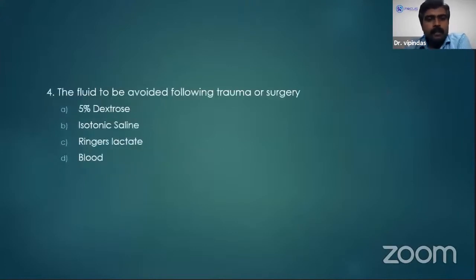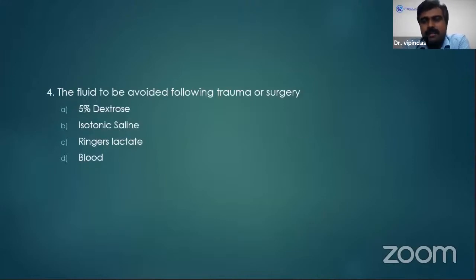And the fluid to be avoided following trauma or surgery. Yes, very good. So why do you say isotonic saline should be avoided following trauma or surgery? That is due to which mechanism?